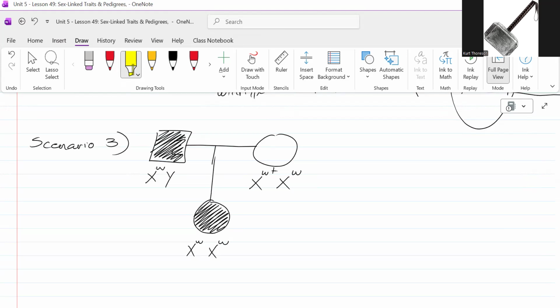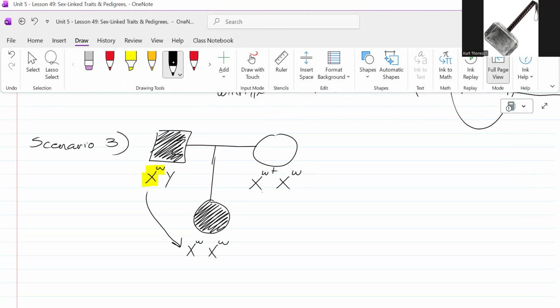This is a girl. So she has an X from dad's side and an X from mom's side. Dad only has one X to give. What is he going to give to daughter? His one mutated. Now, mom has a normal X chromosome here, I should say wild type, and then a mutated one. Which one is mom going to pass on to daughter?